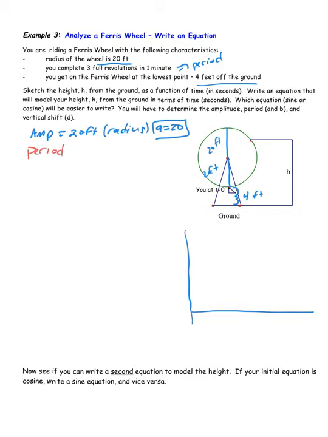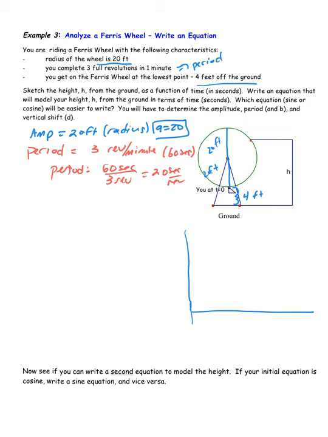So the period is how long it takes to complete 1 full revolution, and we're told we have 3 revolutions per minute, which is 60 seconds. So the period is going to be 60 seconds per 3 revolutions, which is 20 seconds per revolution. So that's our period, 20 seconds.